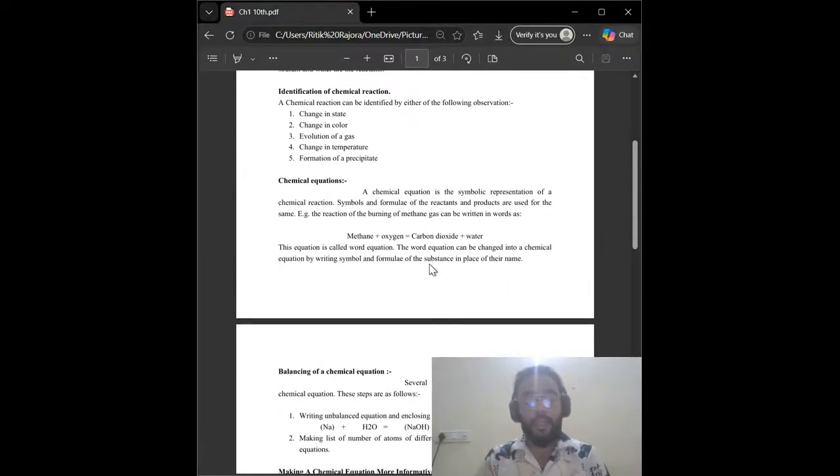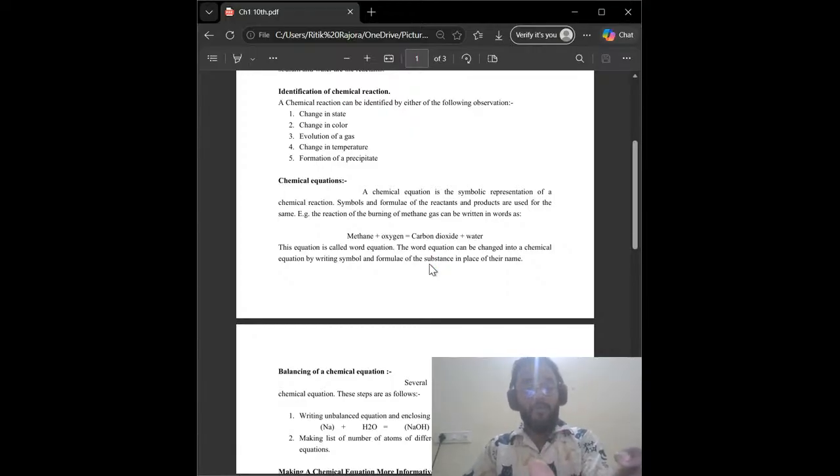As I already told you, a chemical equation is a symbolic representation of a chemical reaction. I explained this definition in simple words, but this is the type of definition the board wants.